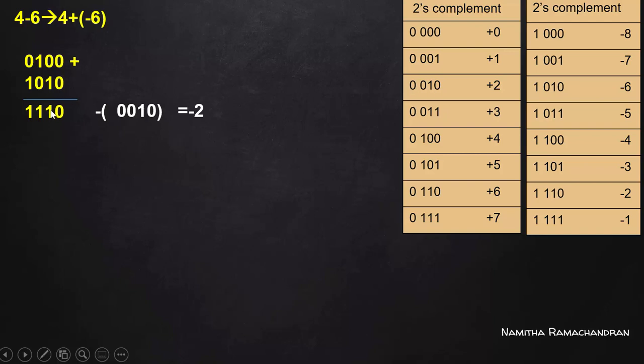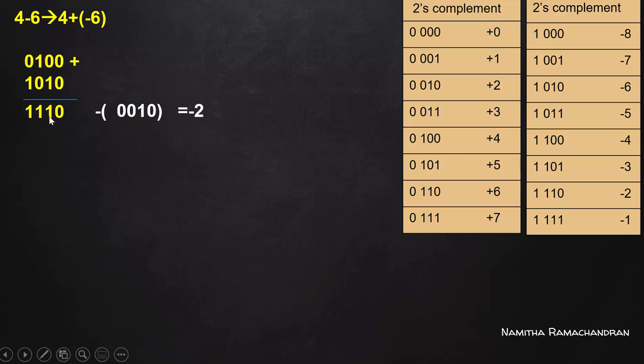In another way, how do we get the 2's complement form of this particular number directly? We have a shorthand method: scan from the right end and proceed towards the left, and stop when a 1 is found.